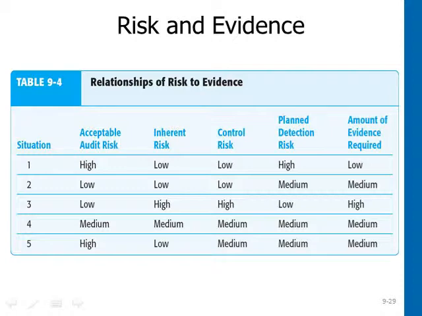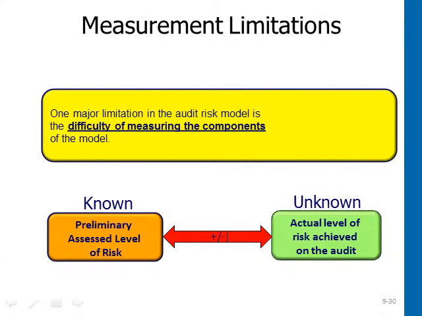Compare that with situation 3, where we have high inherent risk, high control risk, and low planned detection risk, where we would require a high amount of evidence. And so due to the judgmental nature of evaluating and assessing risk at the beginning of the engagement, the actual level of risk achieved at the end of the audit is never really known.